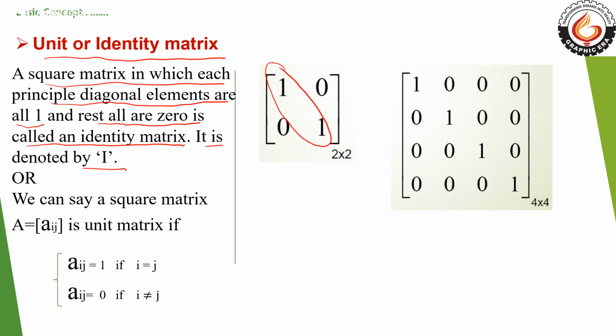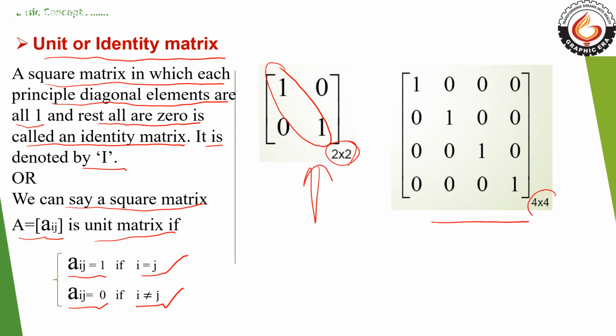In mathematical terms, A = [Aij] is a unit matrix if Aij is 1 if i is equal to j, and Aij is 0 if i is not equal to j. So this is the identity matrix of order 2, and this is the identity matrix of order 4. The principal diagonal of that matrix is 1 and all others are 0.